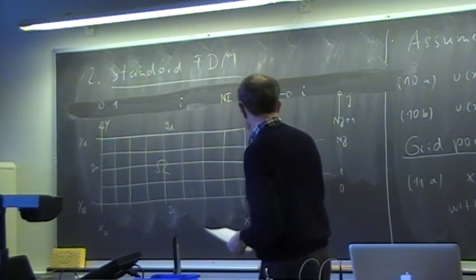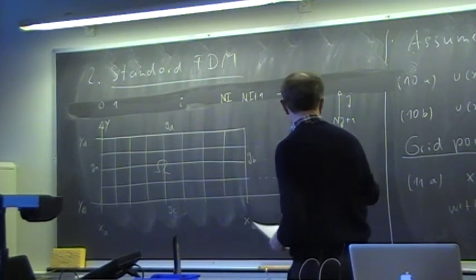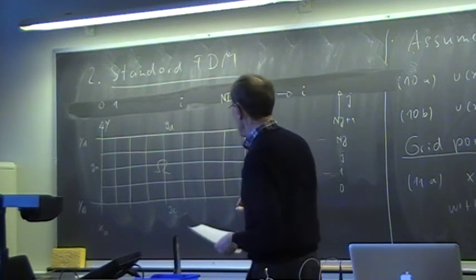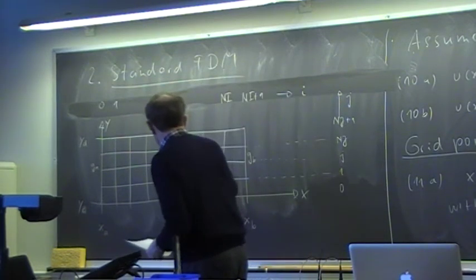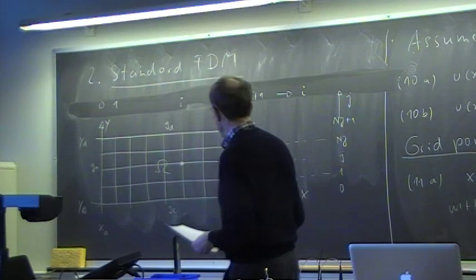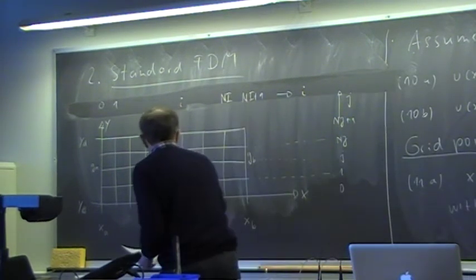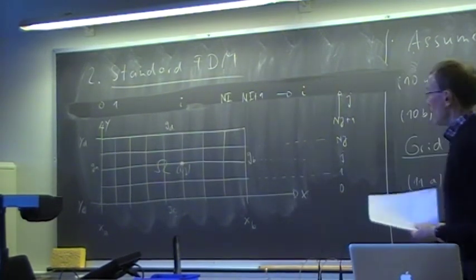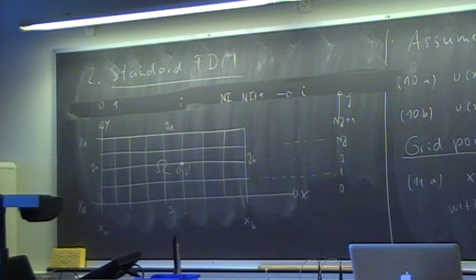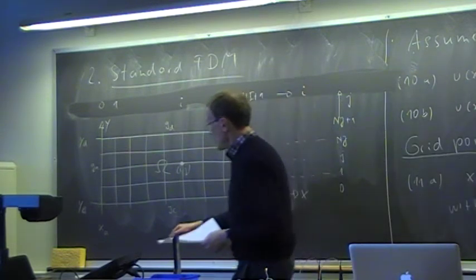If we have j, that would be j here, then we would have a grid point, that would be the grid point xi, yj. So we can characterize that by the indices i, j. So I just have also to give you the grid points yj.